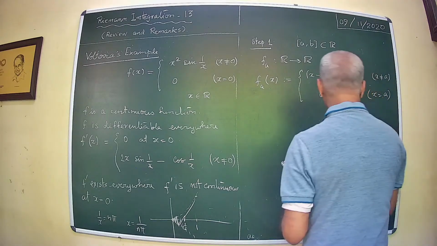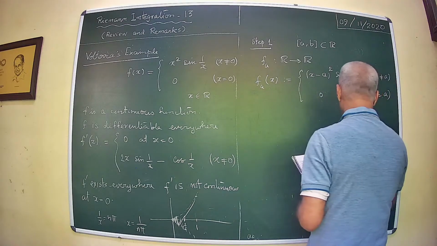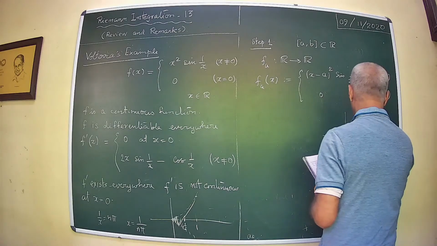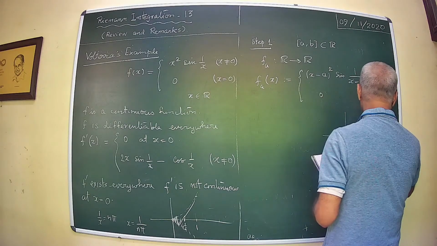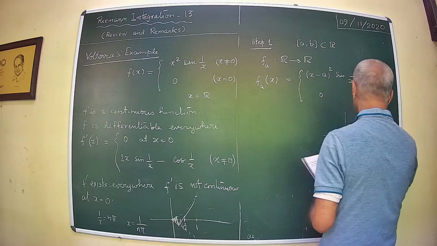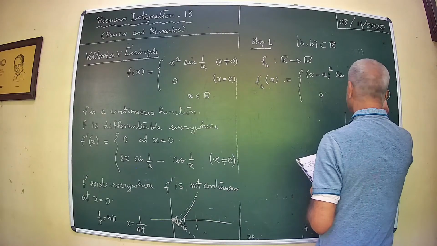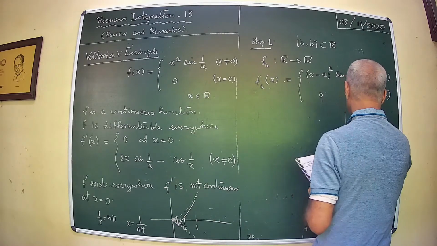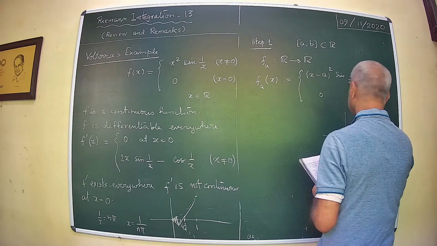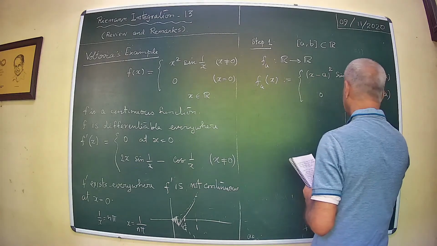Therefore, what about this function? So this function is defined for some a onwards. So you have something like this. At x equal to a, it is 0.